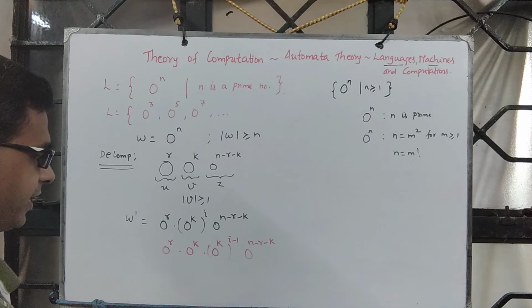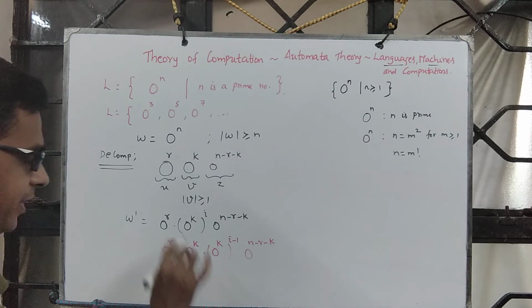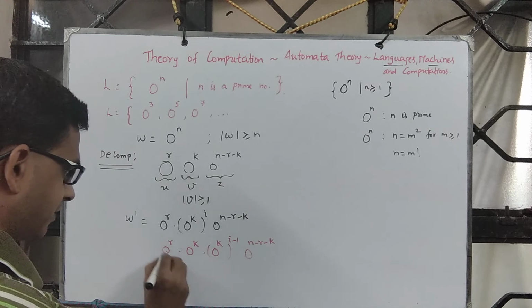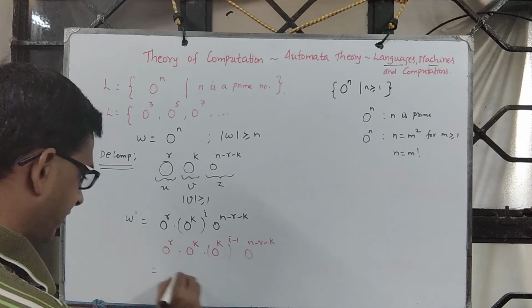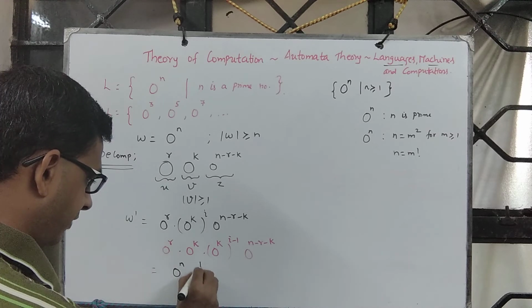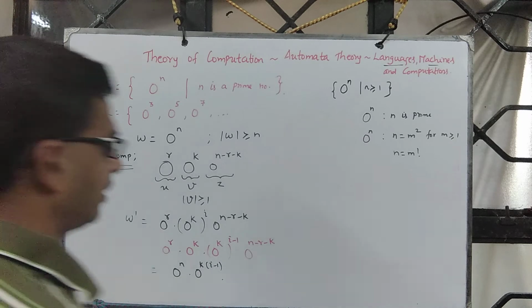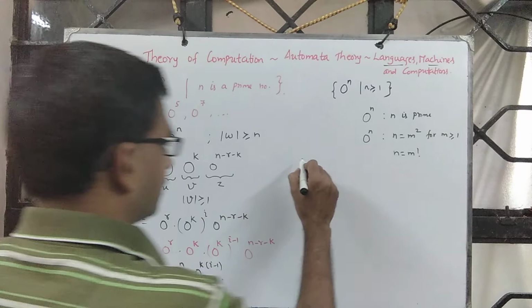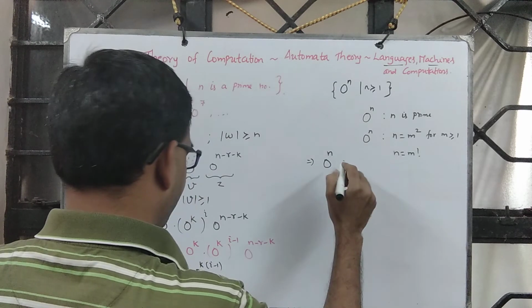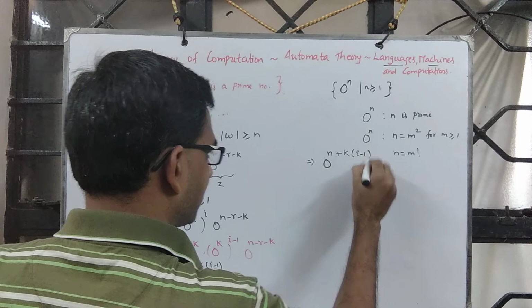I am retaining one copy of 0 power k and moving i minus 1 copies aside. Okay, now this becomes r, k, and this part gives you 0 power n times 0 power k times i minus 1. So now with this you get 0 power n plus k times i minus 1.